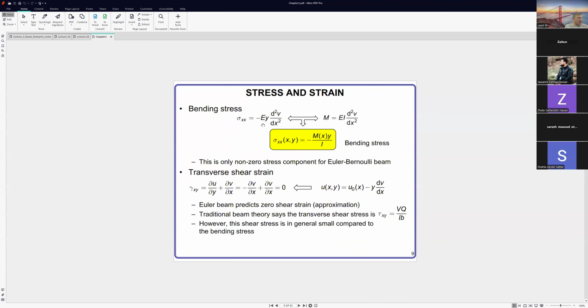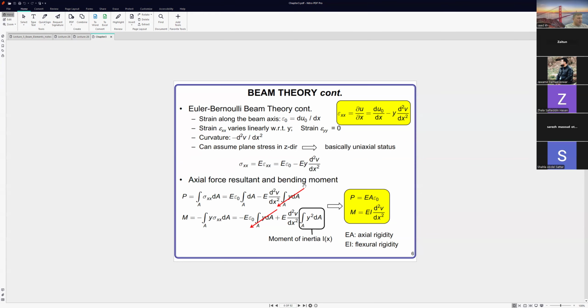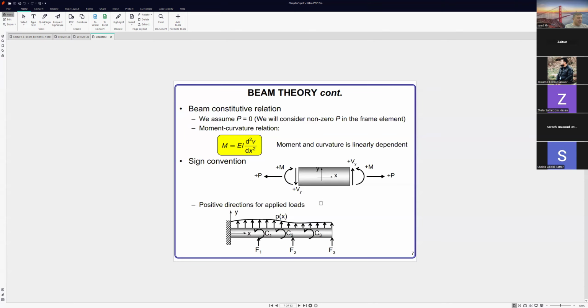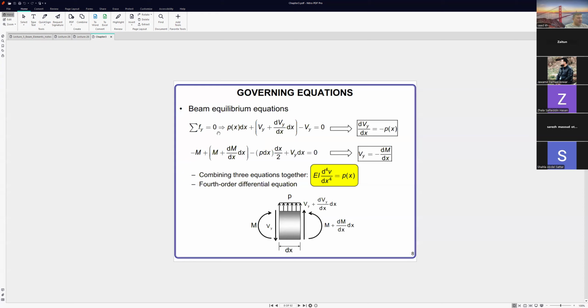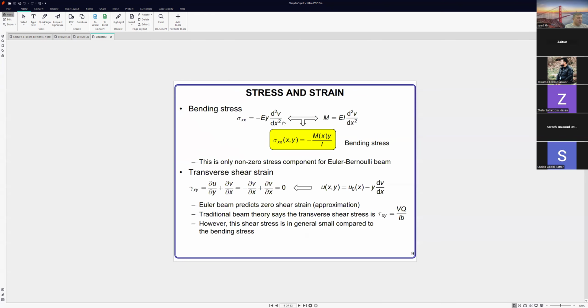So here we get minus E y d squared V over dx squared, because epsilon naught here is equal to 0. We don't have any axial force here, that's why we get 0.